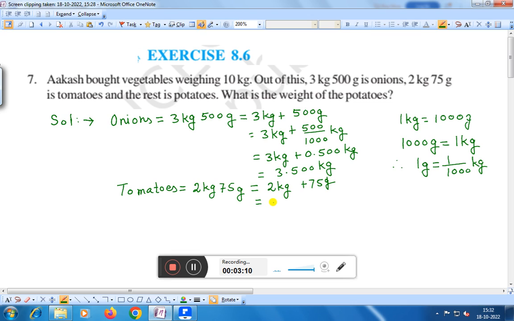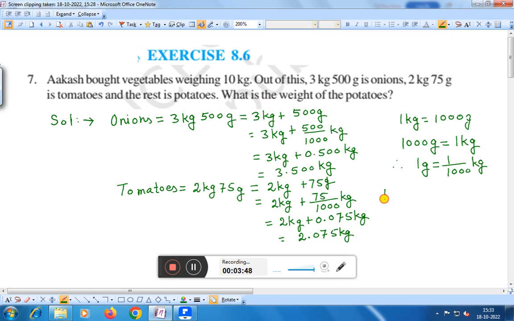Therefore we can write it as 2 kg plus 75 by 1000 kg. Therefore it is 2 kg plus 0.075 kg. Therefore it comes to 2.075 kg.